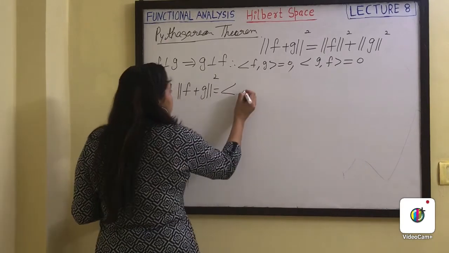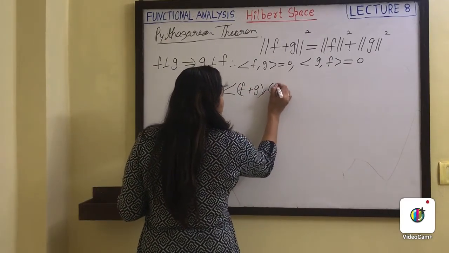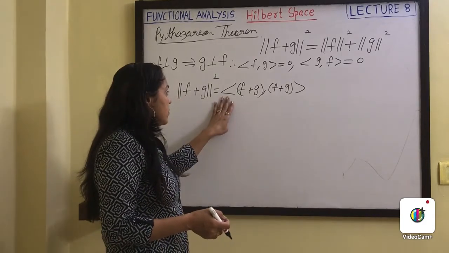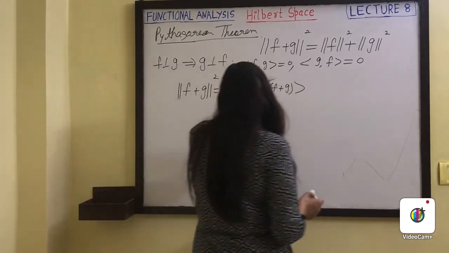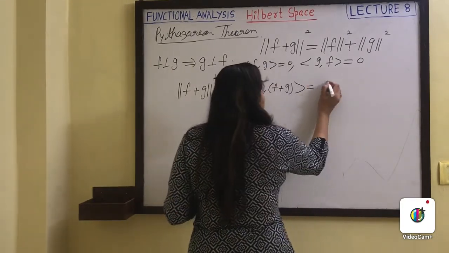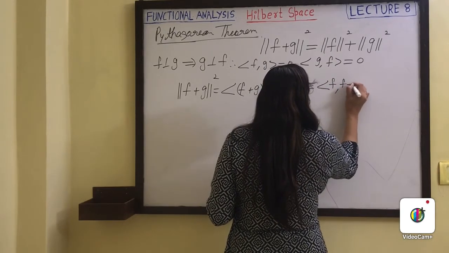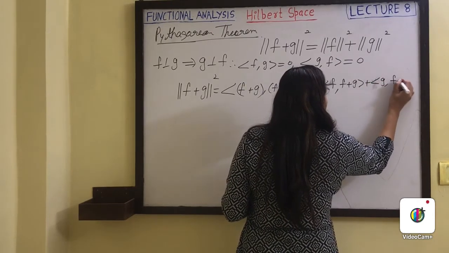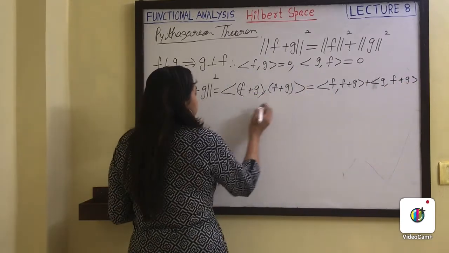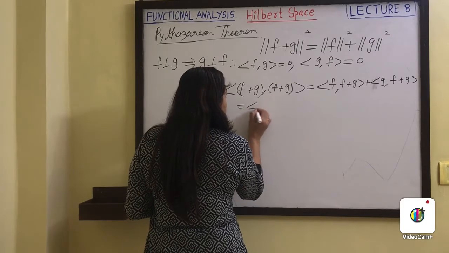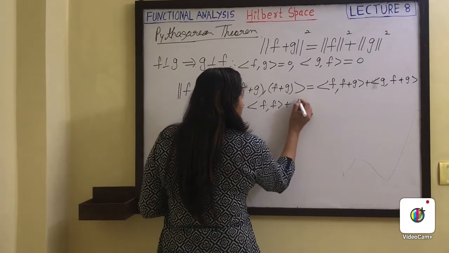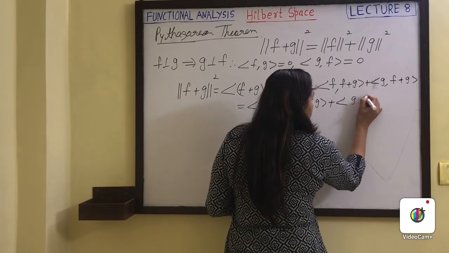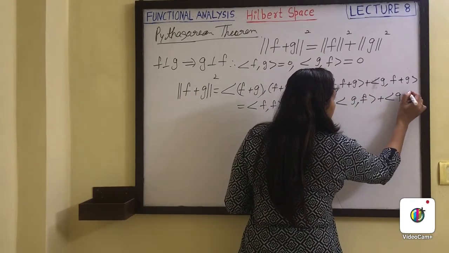It can be written as, by the definition of norm in terms of inner product, and here we can use the distributive property: inner product of f comma f plus inner product of f comma g plus inner product of g comma f plus inner product of g comma g.